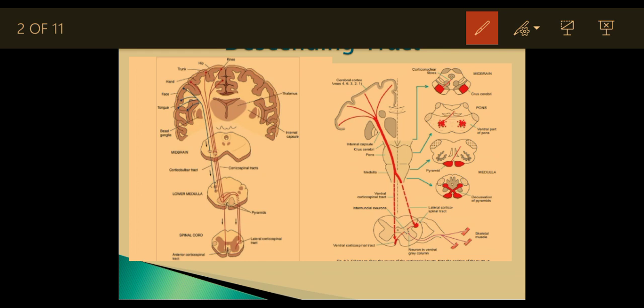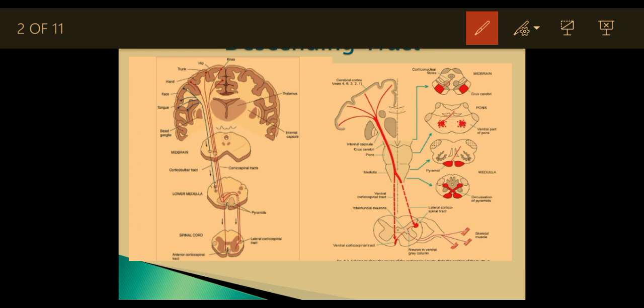So the upper motor neuron is a neuron present in the higher center of the brain, and the lower motor neuron is a neuron present in the lower center of the CNS, either in the anterior horn of the gray matter of the spinal cord, or in the motor cranial nerve nuclei within the brain stem.